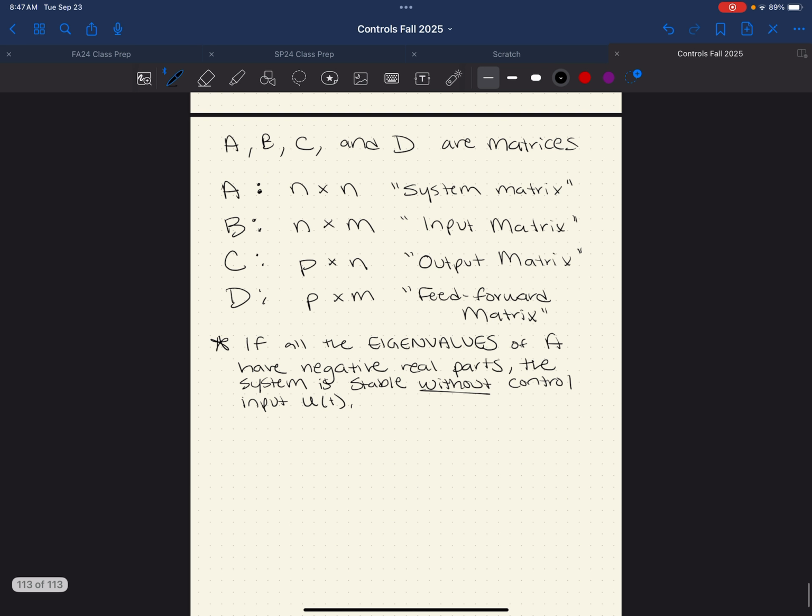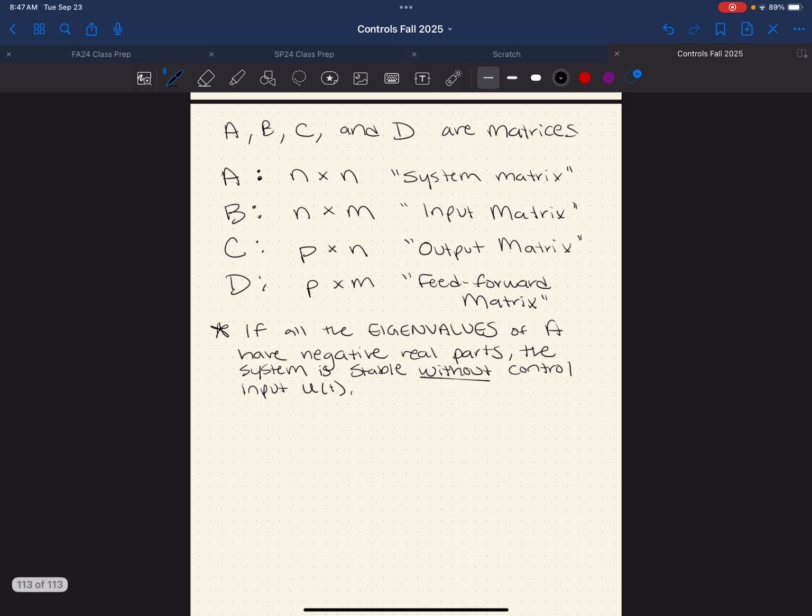Okay, so this is just foreshadowing. We will cover stability in more detail later. And then we can also determine if this system is controllable based on the A and B matrices.